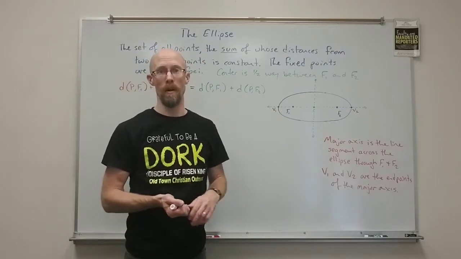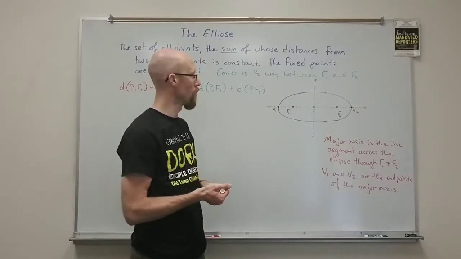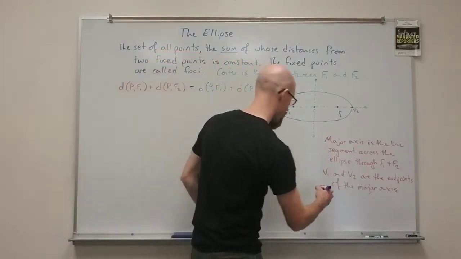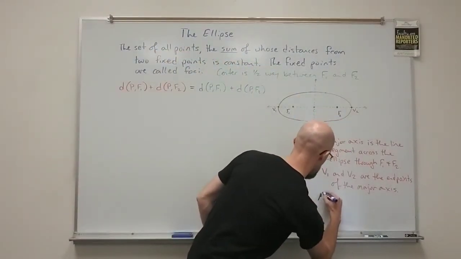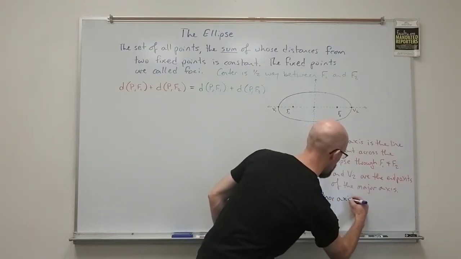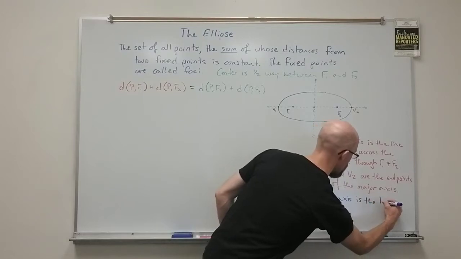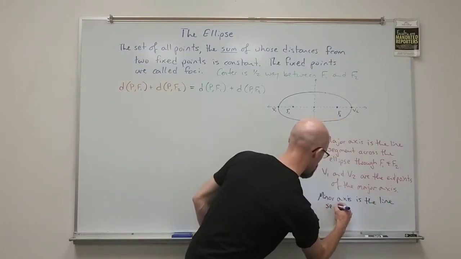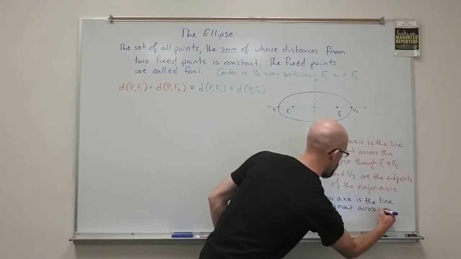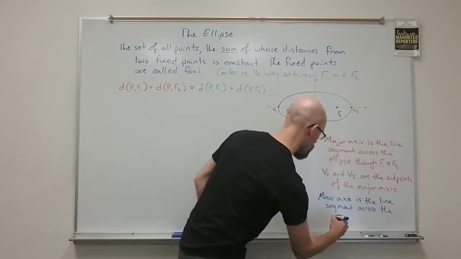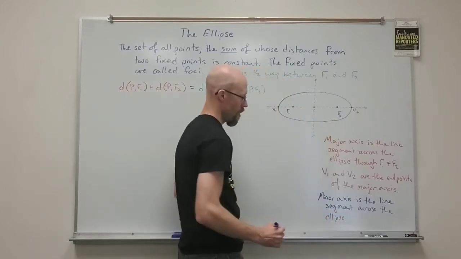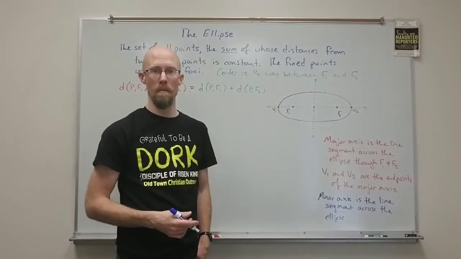Now, similarly, the minor axis, I suppose you can assume that the minor axis is the one perpendicular. It's the shorter, well, in our case, the shorter one. So, the minor axis is the line segment across the ellipse, and it's perpendicular to the major axis.